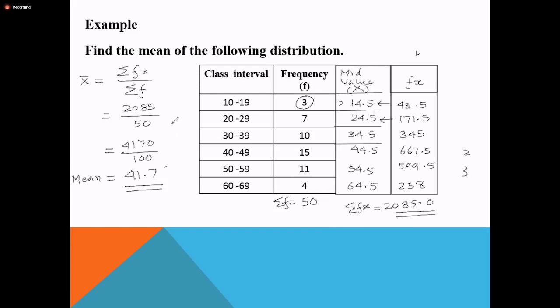And very easily we can do it. If you use the calculator, that may be much quicker than this one. Some of you may have got the answer earlier by using the calculator. These are simple, easy values. You press 2085 in the calculator, then divide by 50.